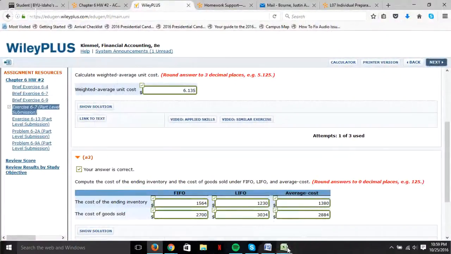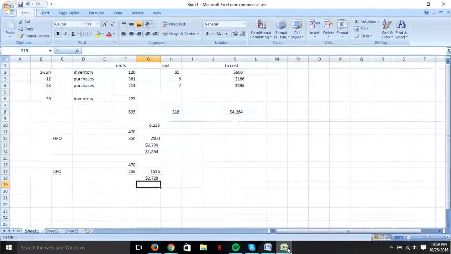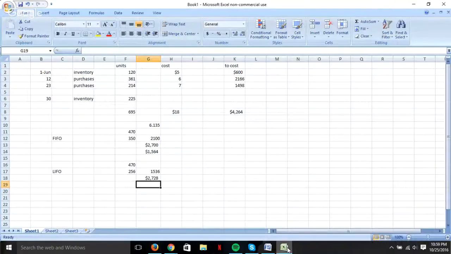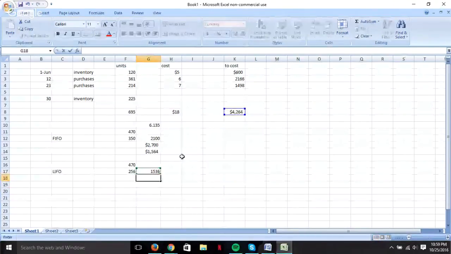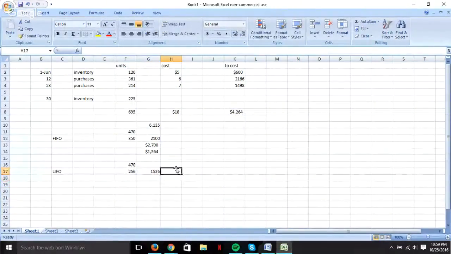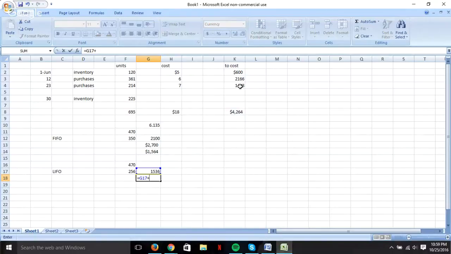Oh, I missed a step. Let's see here. Where did I miss? Just a sec. Oh, that's what I missed. Sorry about that. So this is the cost of the goods we used from the second purchase. So we'll go and add this cost to the rest of our cost.